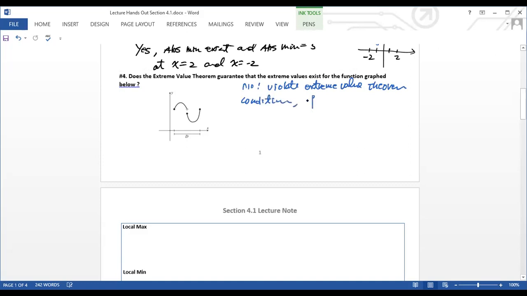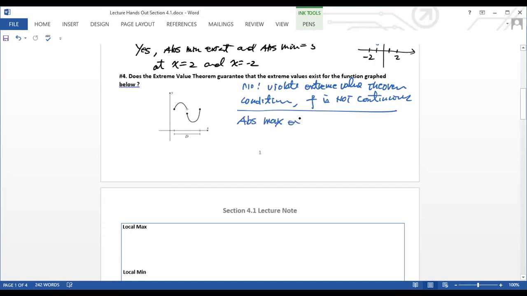The function has to be continuous, right? So this function is obviously not continuous. So I cannot use the extreme value theorem to say the function has an absolute max or absolute min. But this function's absolute max does exist.